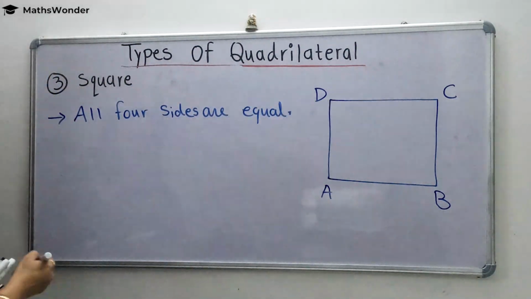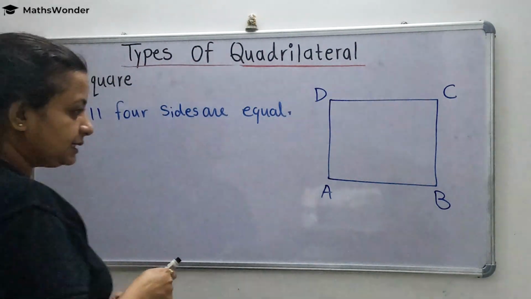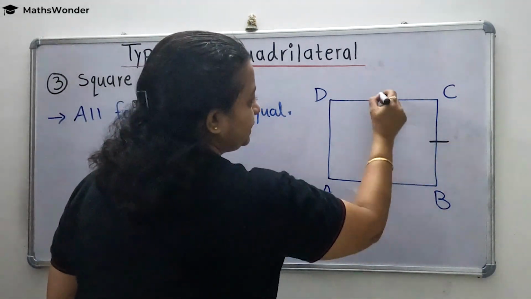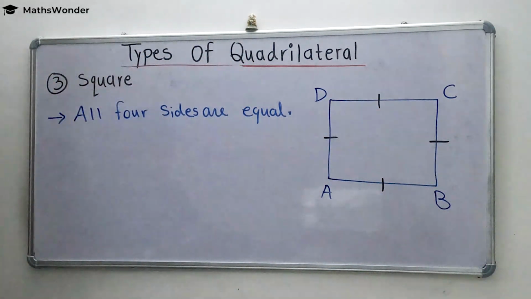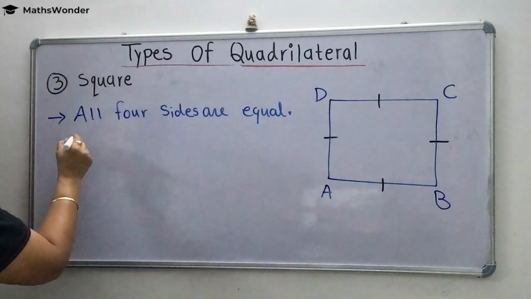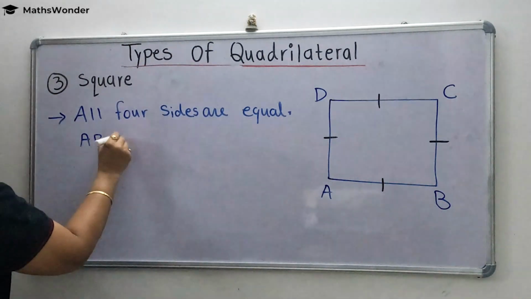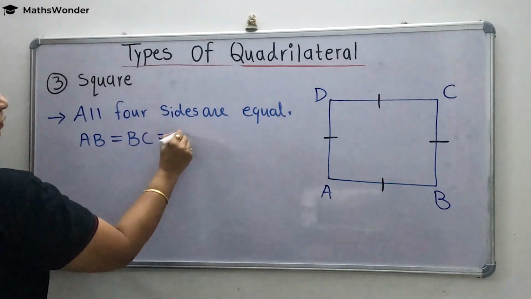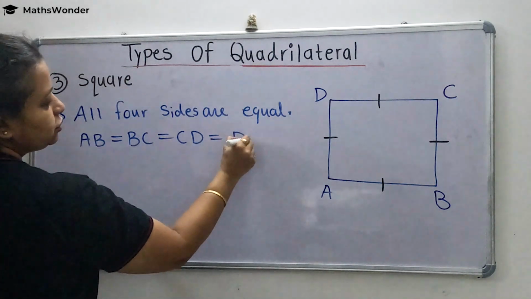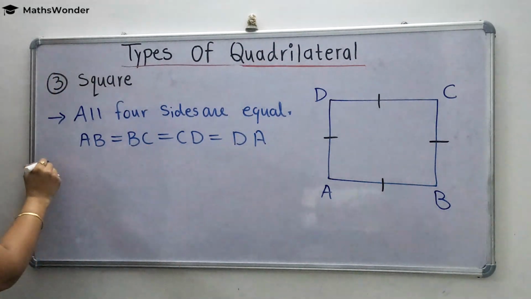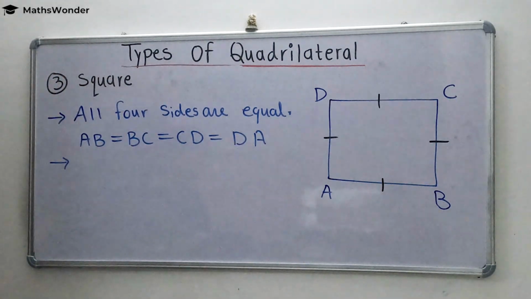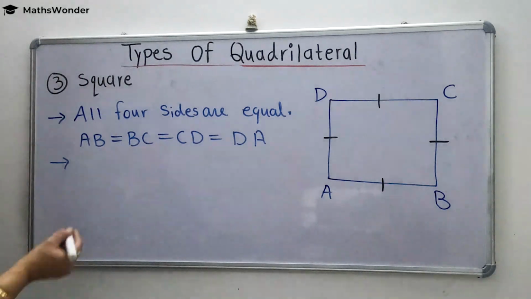All four sides are equal. How will you represent it? You can write AB equals BC equals CD equals DA. All sides are equal. Now the second property is opposite sides are parallel.